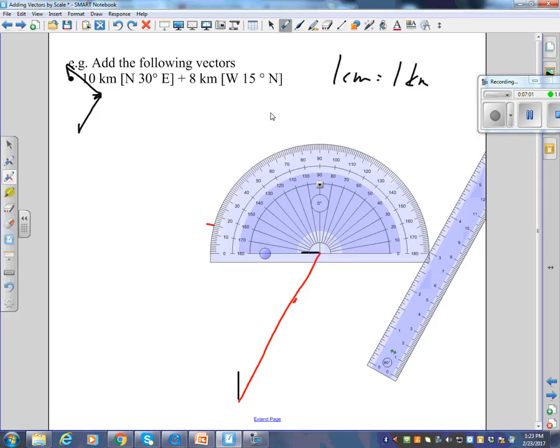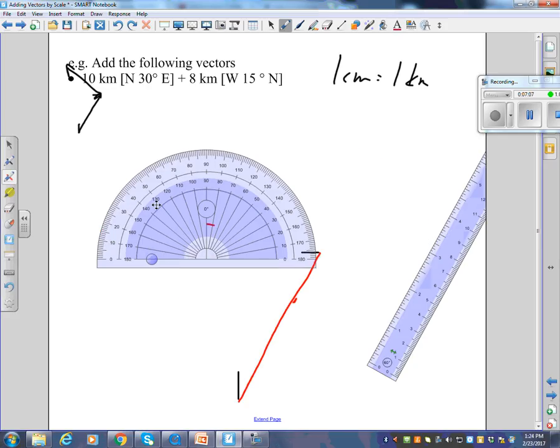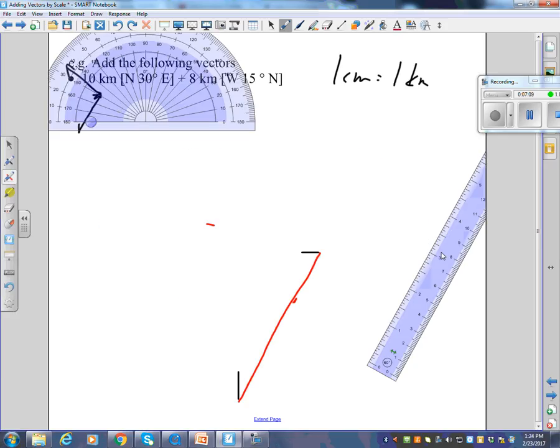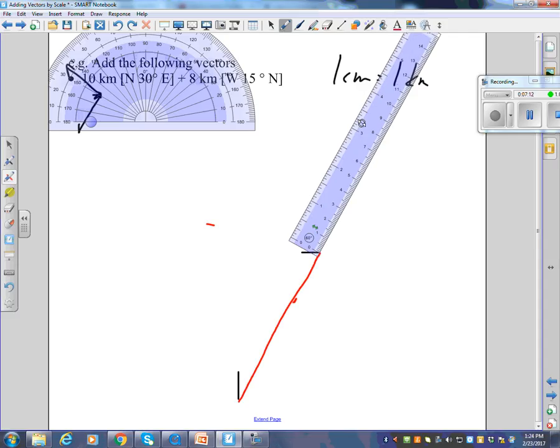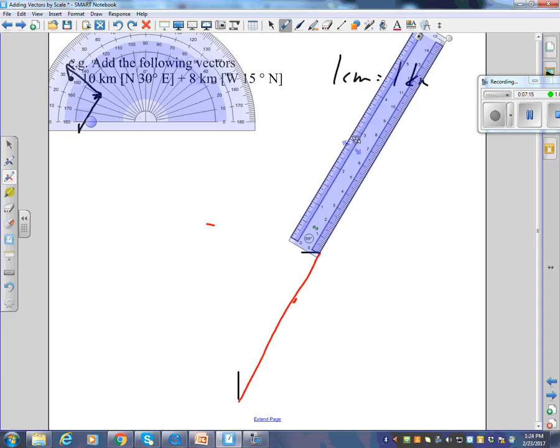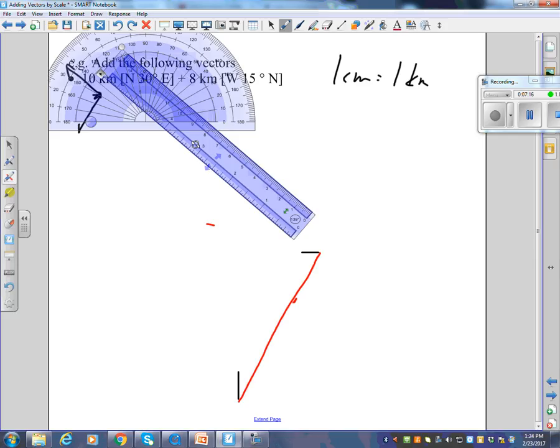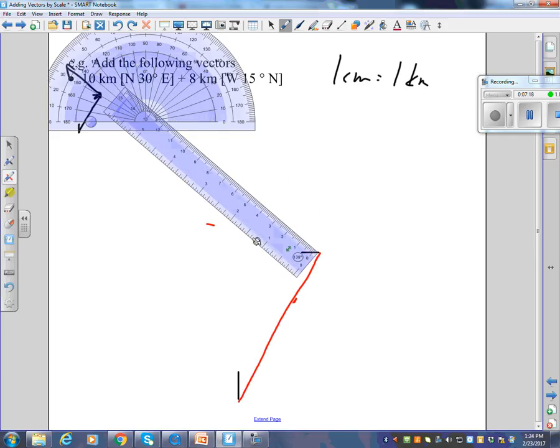Everybody with me? And now I've got to go 8 kilometers, so get rid of the protractor. I'm going to go 8. So I put my ruler here, and I'm going to rotate it, and I've got to get it down there to 30.